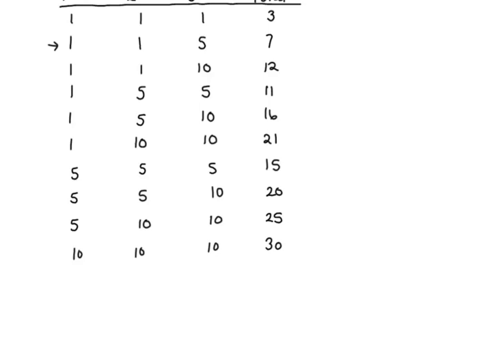And those are all of our possibilities. So how many different total scores can he make? Well, we can have 1, 2, 3, 4, 5, 6, 7, 8, 9, 10 different scores.